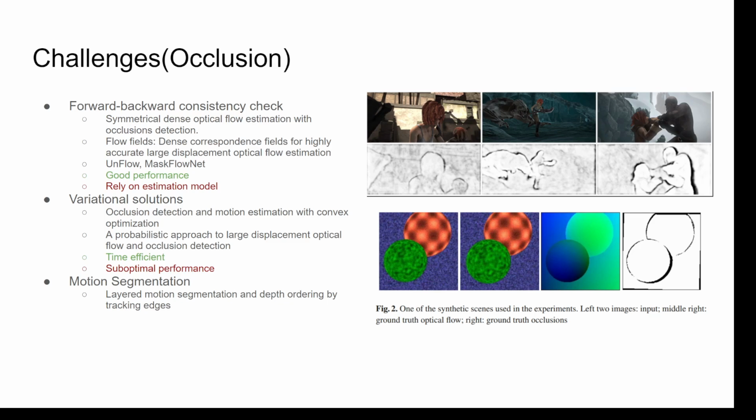It is quite time efficient, however, it's suboptimal in terms of performance. And thirdly, there is motion segmentation, which is also another branch of study. And not a lot of people utilize this method, although I don't know why, but motion segmentation seems to be a whole new area to survey about.